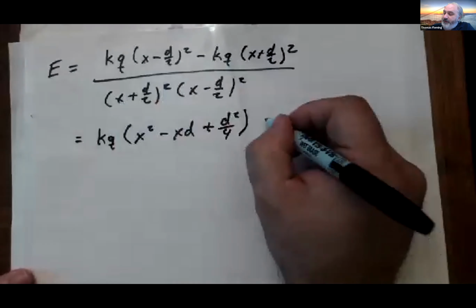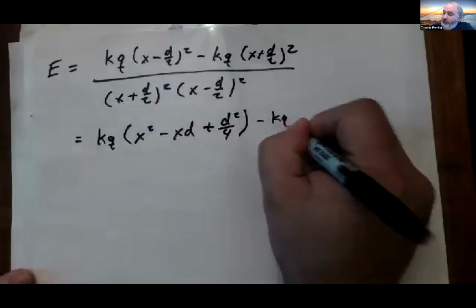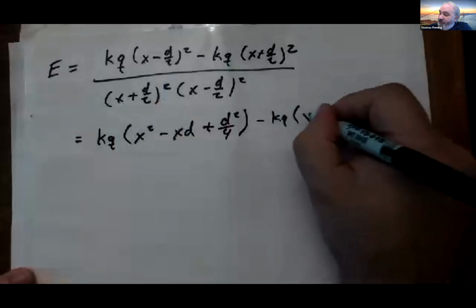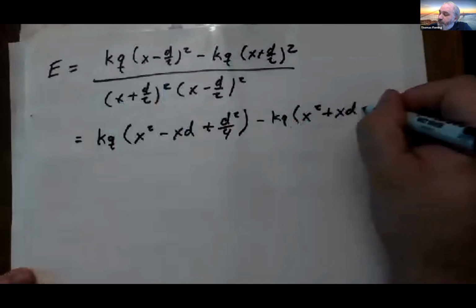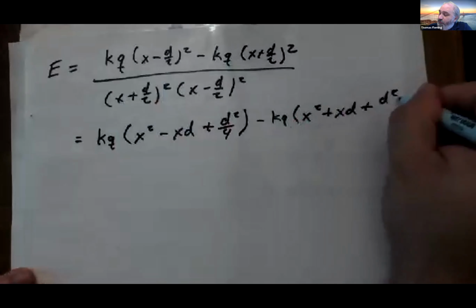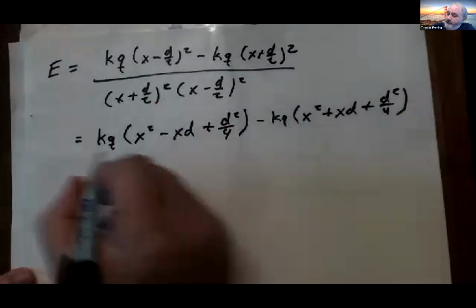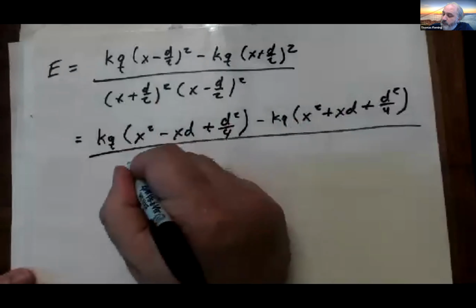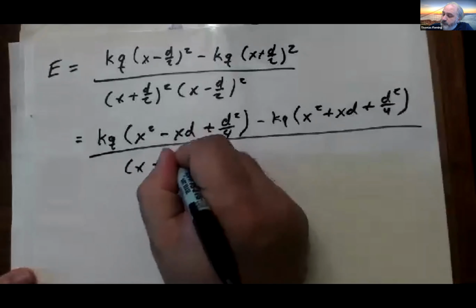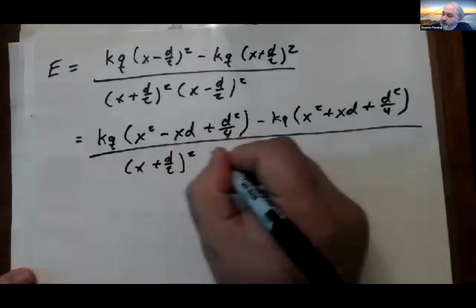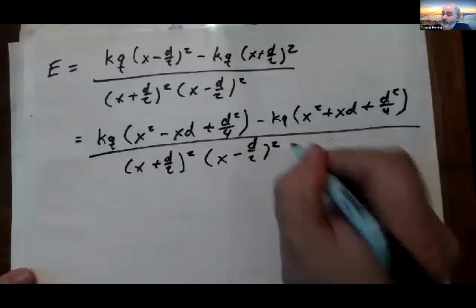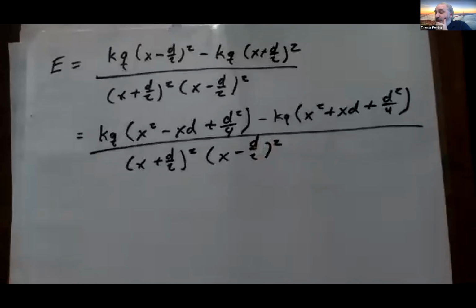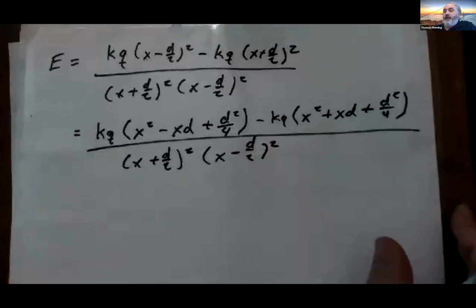Over here, I'll do the same trick. Minus KQ, I'll get x squared plus xd plus d squared over 4, all of it over all that disgusting, ugly stuff. This still looks pretty nasty, except now I can start to collect like terms.